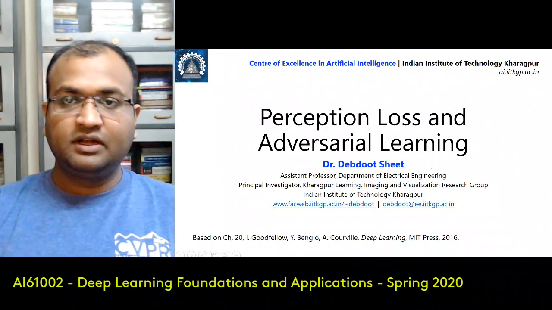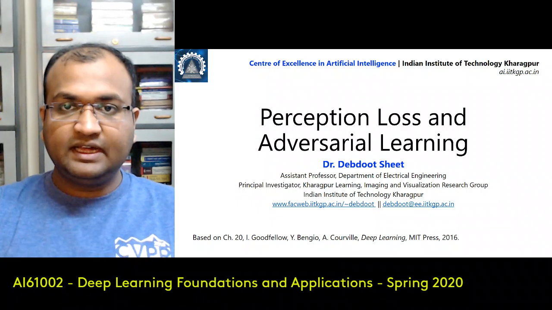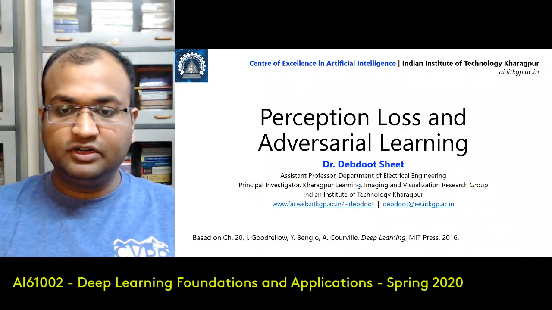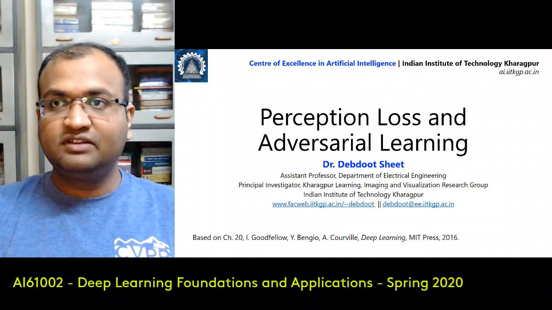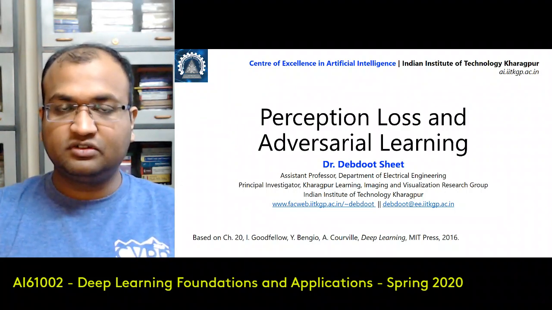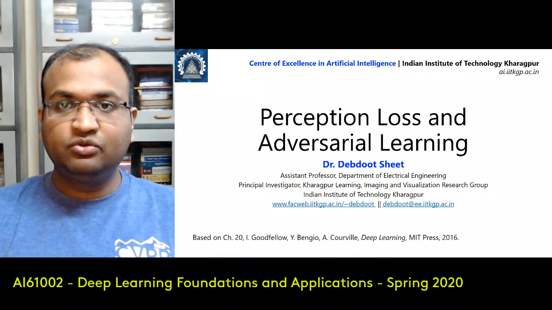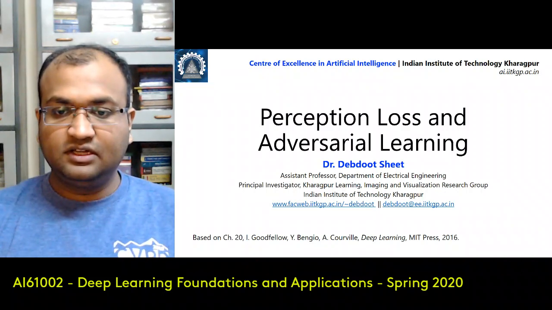Now one fundamental point is to look into doing something which is called a perception loss. The whole point of perception loss, as we had in one of the earlier classes, is that you don't know what a mathematically tractable form of, say, mean square error loss is, but then we don't know what a mathematically tractable form of a perception loss is, which is whether an image looks very realistic or not.